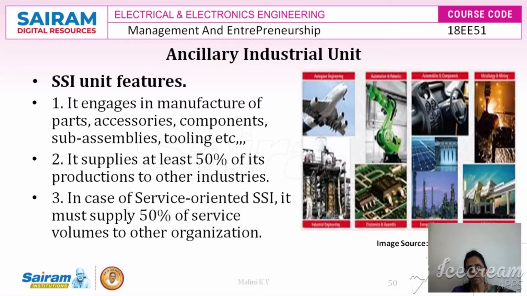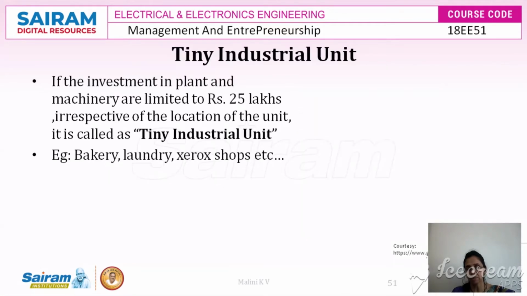And if it is a service sector, then to call the SSI an ancillary unit, it must supply 50% of its service volumes to other organizations. So if a manufacturing industry supplies 50% of its manufactured goods to other organizations, it is called an ancillary unit, which comes under the manufacturing sector.